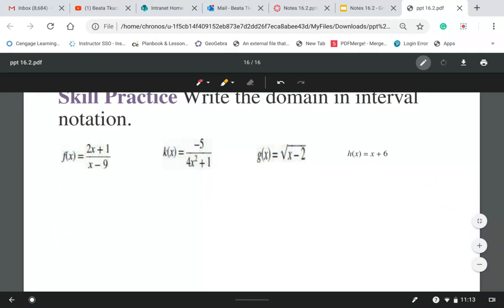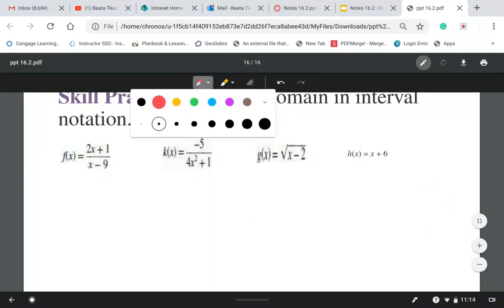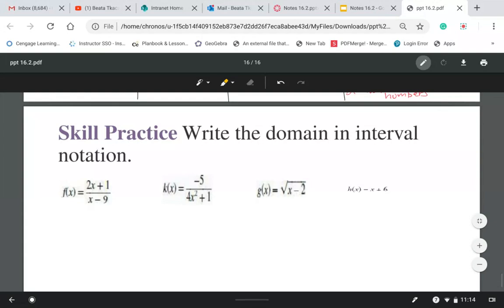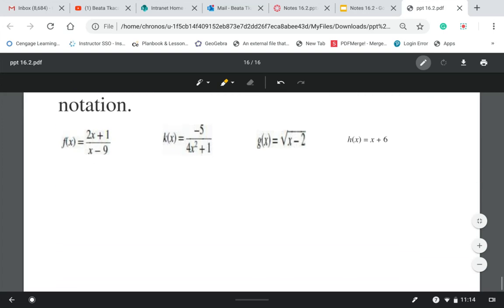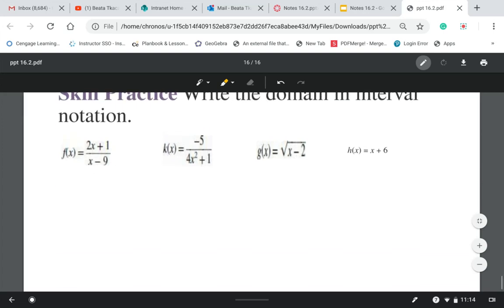The domain is, I would say, the most important topic in this section 16.2, to find the domain of the function. So I want to go over those problems also. 1, 2, 3, 4.